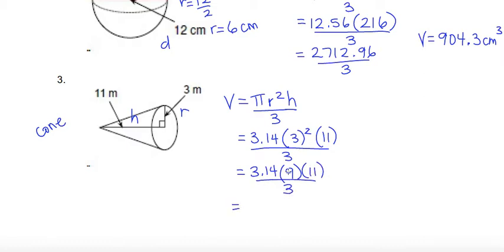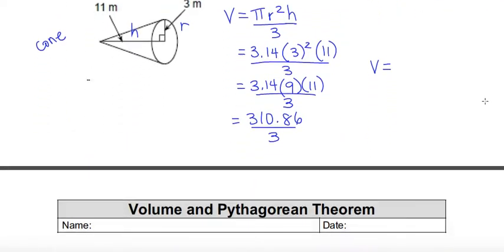Let's simplify our numerators by multiplying my numbers together. 3.14 times 9 times 11 gives us 310.86. I'm going to divide this by 3, which gives me a final volume of my cone.